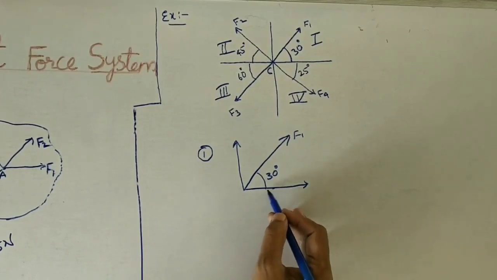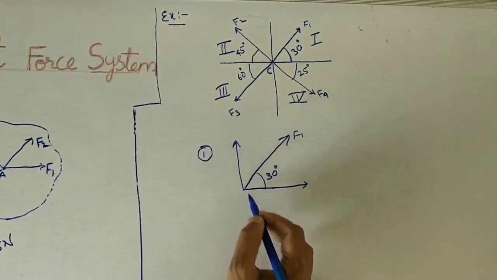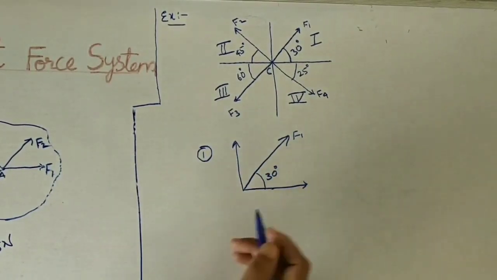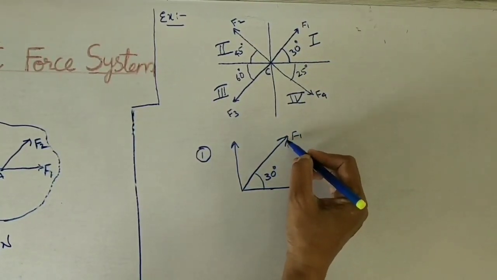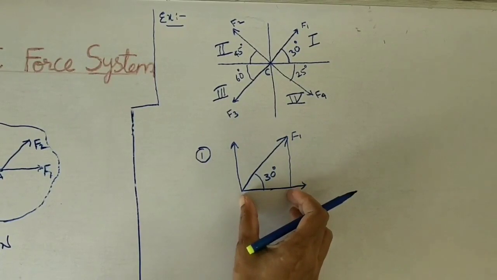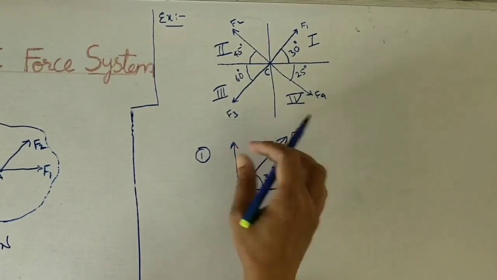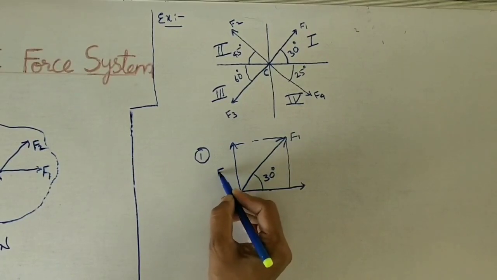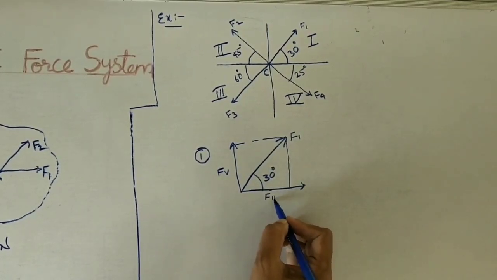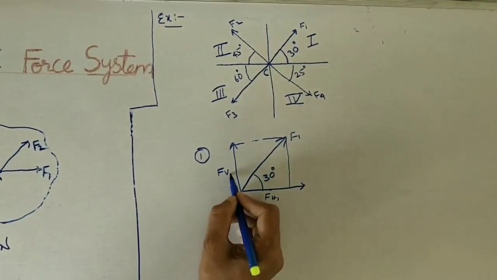Now here how to find the cos value and the sin value? Yesterday I explained, make the triangle. Now this is the horizontal component, and the vertical component we have to mark here: FV value, FH value. This is the first force, that's why FH1, FV1.